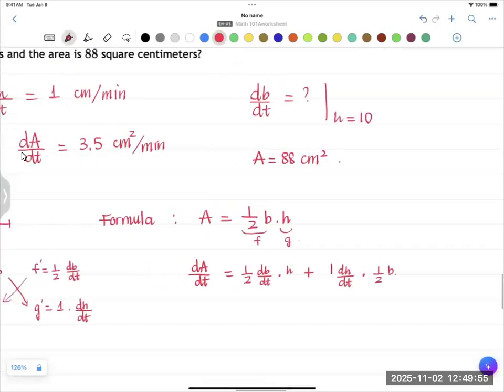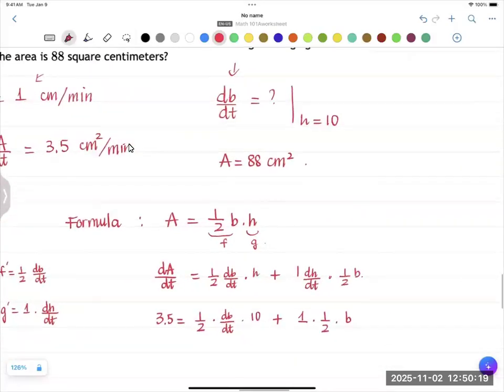So we have dA over dt is 3.5, and that equals 1/2 dB over dt, which is what we are looking for, so we keep it there, times h, which is 10, plus dh over dt, which is 1, times 1/2 b. Looks like we don't have b. So how do we find b? We're going to use the height and the area because we haven't used those yet.